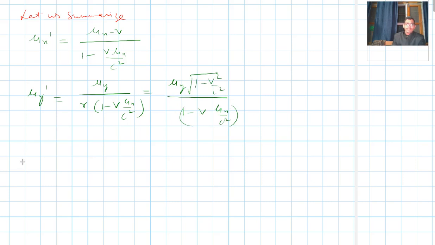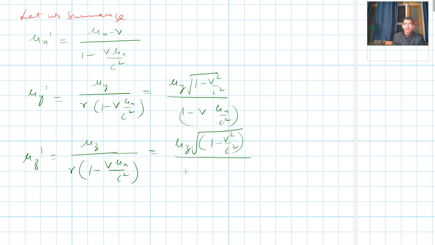And similarly uz prime can be written as uz over gamma times 1 minus v ux over c square, which is equal to uz times the square root of 1 minus v square over c square, whole upon 1 minus v ux over c square.